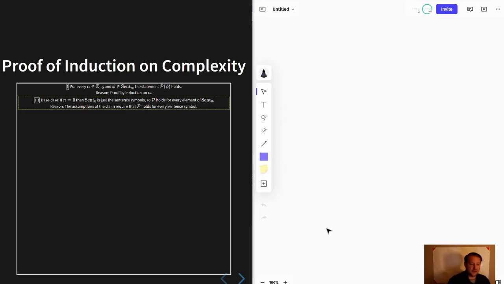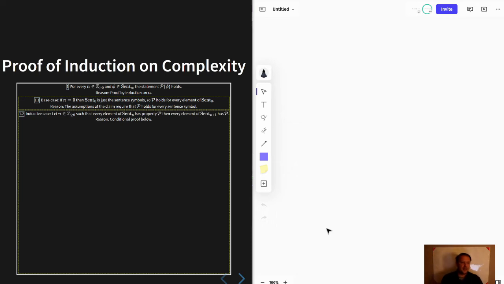But that's just immediate, right? Because in the assumptions for this claim, we assume that P holds for every sentence symbol, so there's really nothing to prove at this point. Now we go to the inductive case.